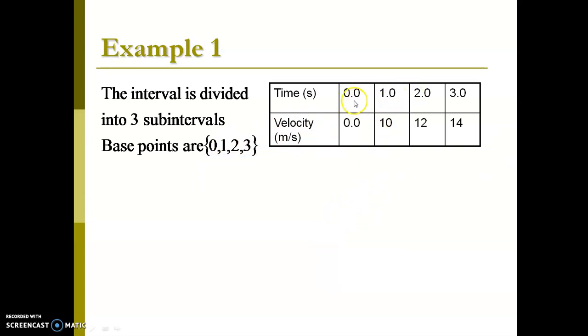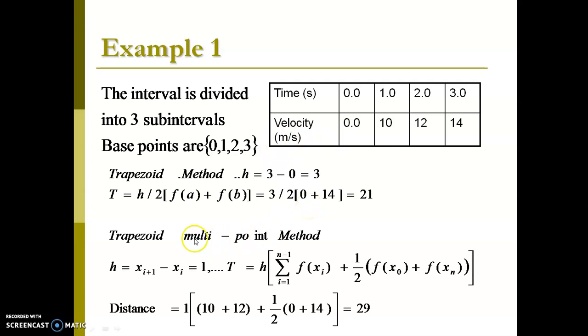Since the time is given from 0 to 3 seconds and the velocity in meters per second is given from 0 to 14, we can calculate the integration by using the trapezoidal rule as well as the trapezoidal rule with multiple points, and we can compare the results as earlier, to obtain 21 and 29 by two different methods. The trapezoidal rule with multiple points is considered to give better accuracy in comparison with the trapezoidal rule with a single interval.